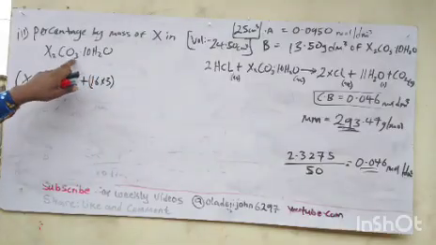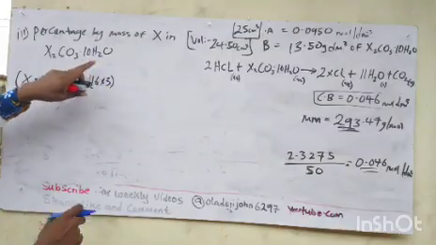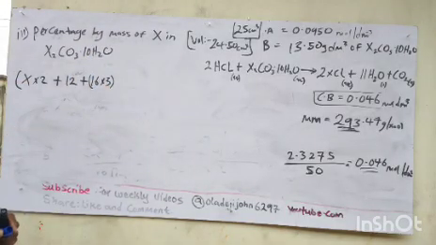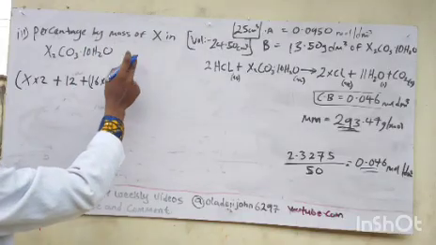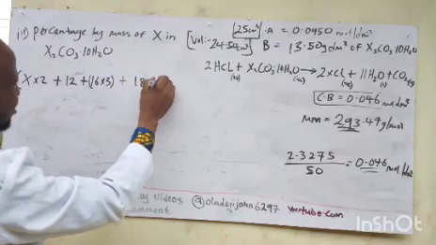Oxygen is 16 times 3. Then we have water, that's 18, times 10, we have 180, plus 180.